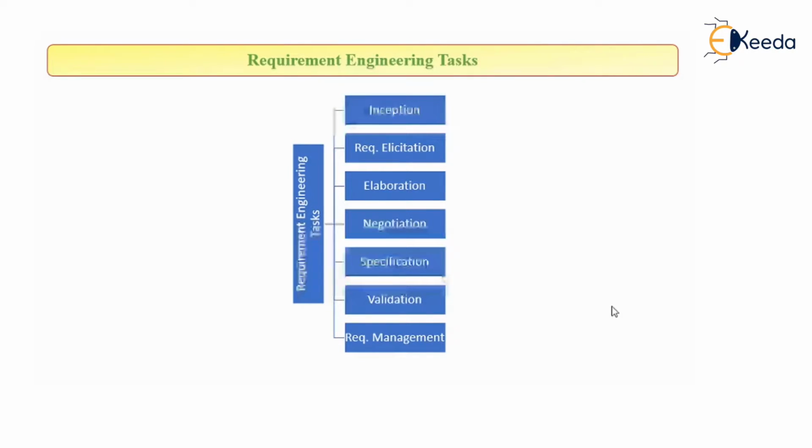So in the inception stage, basically the customer and the developer are supposed to have a discussion. Now in this discussion, they are going to discuss the scope of the project and the limitations of the project, or in short, they are defining the boundaries of the project.